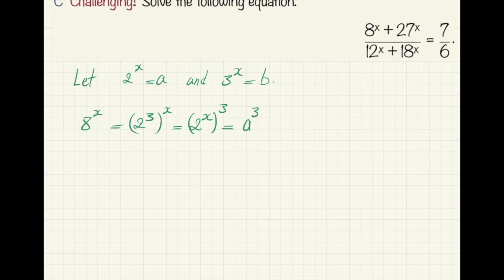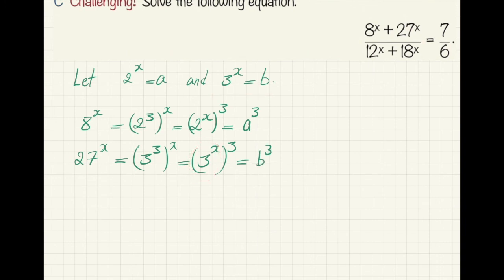The same thing happens for 27, yes? If I have 27 to the power of x, 27 is 3 to the 3, and then raised to power x, but I can interchange the exponents, so I can write 3 to the x to the power of 3. And then if I substitute this here, then it becomes b to the 3, yes?